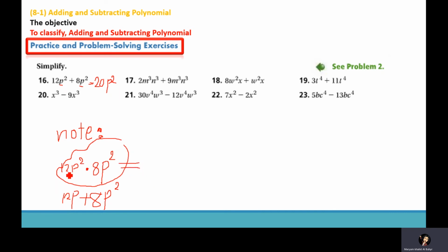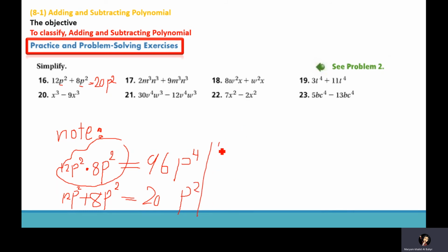That equals 12 times 8. You are going to multiply them, which is 96. Then if you have the same base, add their powers, which is P to the power 4. So that's okay, you can say that. Here, if you don't have the same powers and the same base, you cannot add them. Be careful. That equals 20P to the power 2.